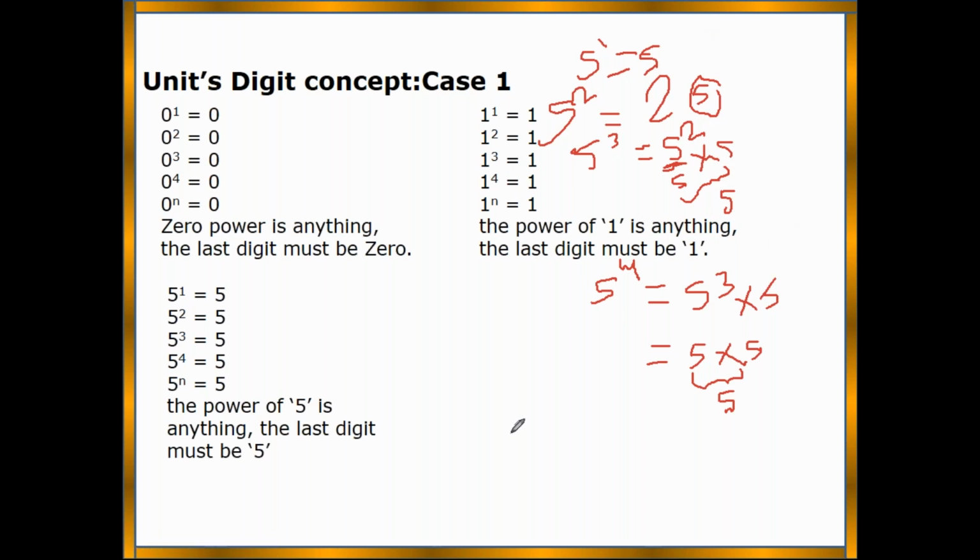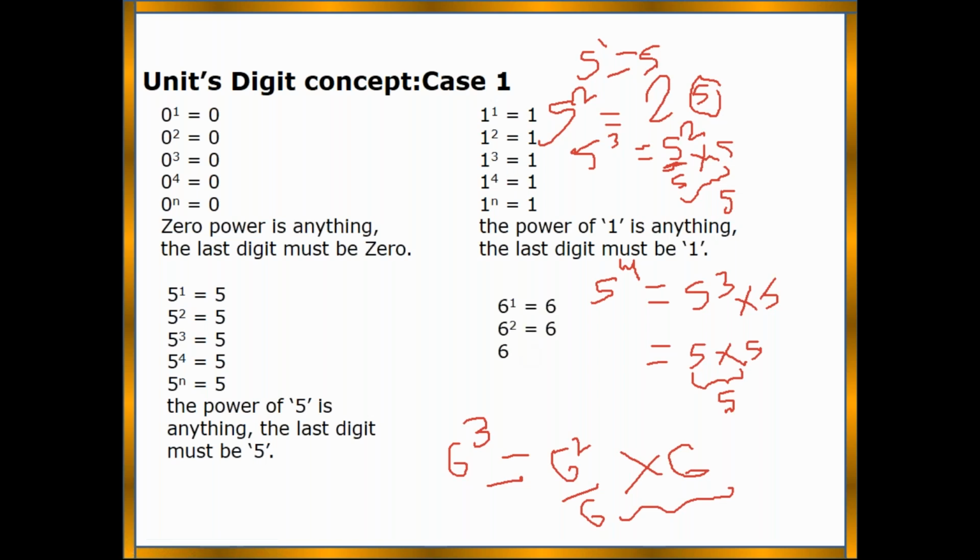Please get the concept. 6 square into 6. We know 6 square means 36, it is ending with 6 only. 6 into 6, 36. 36 is not the value of 6 power 3, but 6 power 3 is also ending with 6 only. 6 power 1, 6 power 2, 6 power 3. Whatever the power of 6, the last digit is itself.